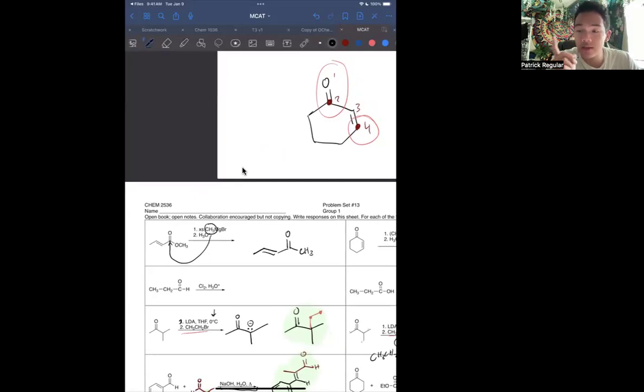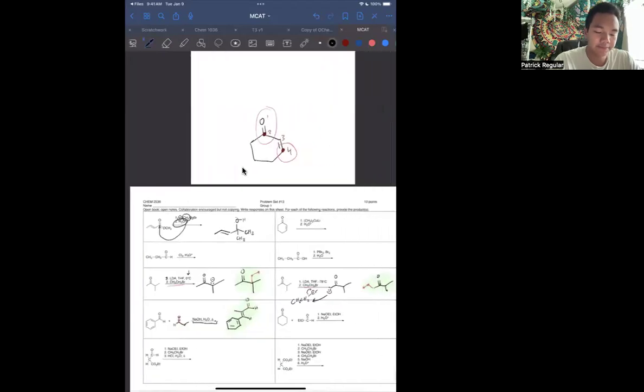That's the first serving of our Grignard. And since this is in excess, we're going to do it again, kick that off and put the electrons here and have another CH3. And then with this H3O plus, we're going to protonate this, and this is going to be our product.